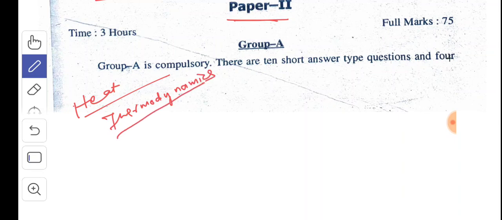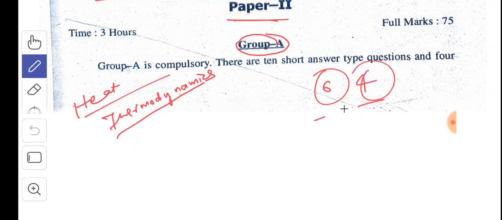As we saw earlier, in group A, 6 short type questions and 4 numerical type questions come. This is the same here in paper 2. Now we are going to see the syllabus of group B and group C.